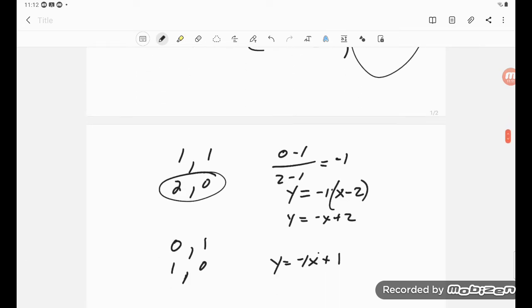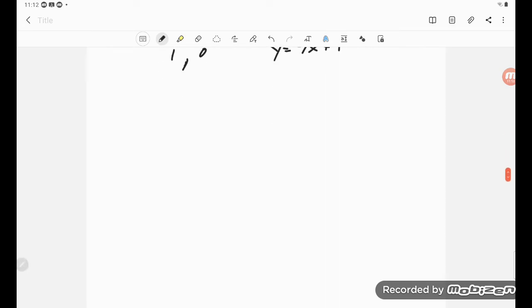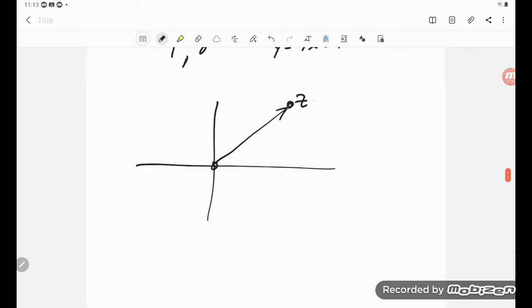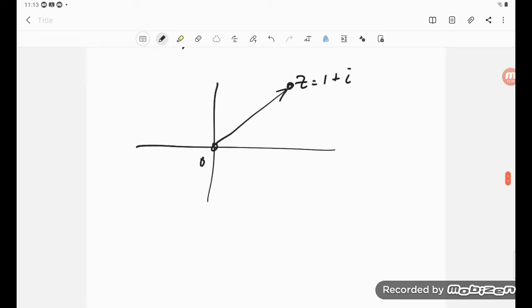And along those lines, let's look at a path that goes straight to z here. So z equals 1 plus i from 0 here, z equals 0. And now in this case, if I think about it as coordinate pairs, I've got 0, 0, and I'm going up here to 1, 1.